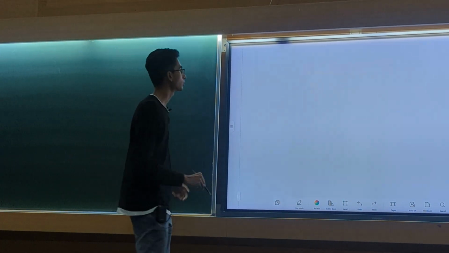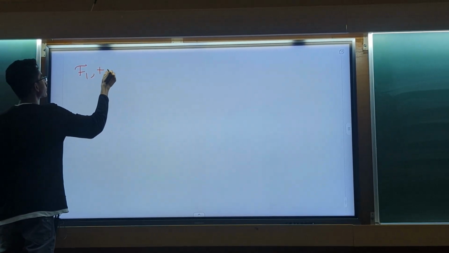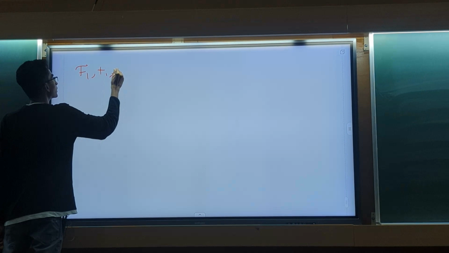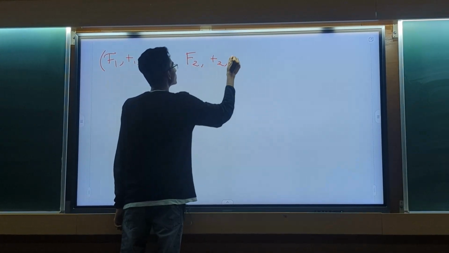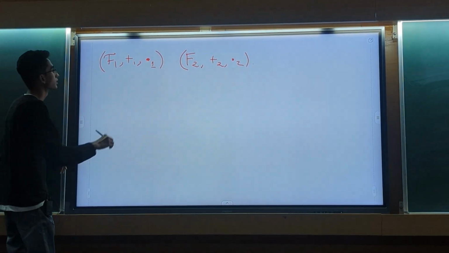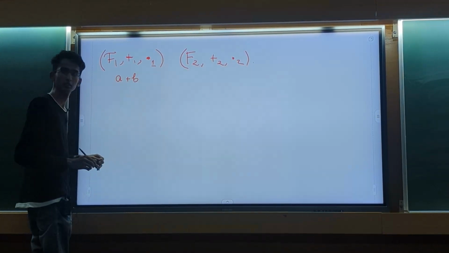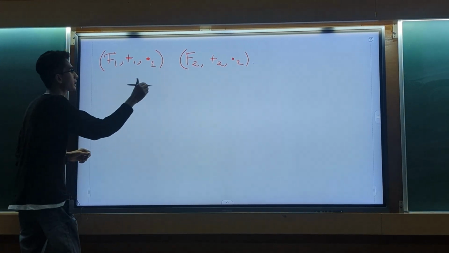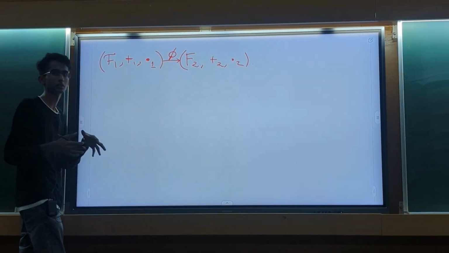Does that make sense? So basically what this means is, if I have field 1 with addition 1 and multiplication 1, and field 2 with addition 2 and multiplication 2, then there exists a bijection, call it phi, from f1 to f2, such that these properties are preserved.